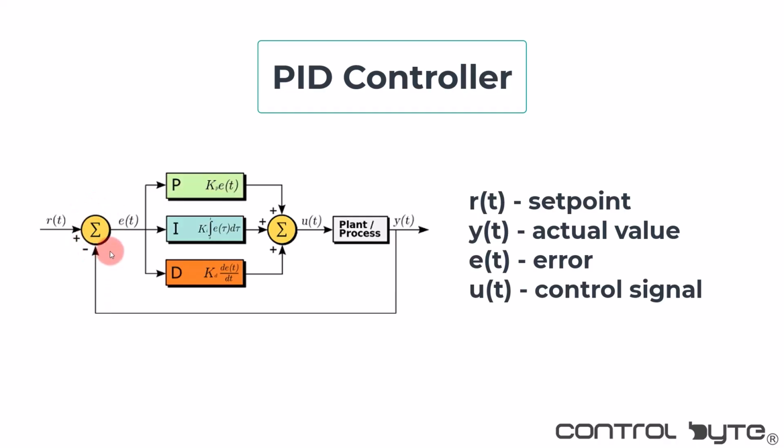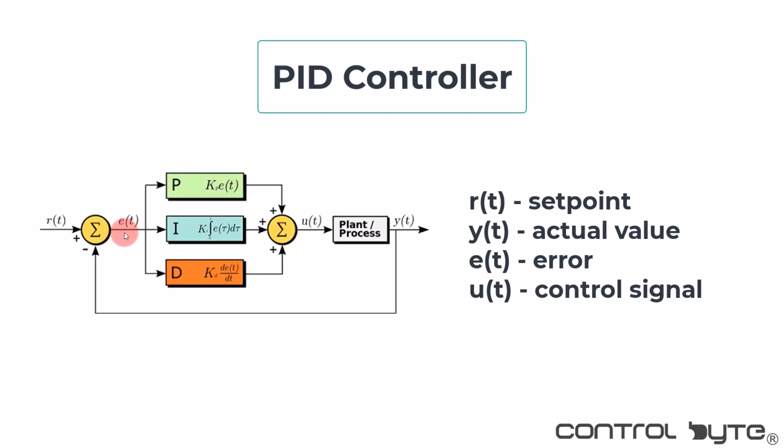At the summing junction, the difference between the setpoint and the actual value is calculated. The result of this operation is called the error, denoted as E of t. The error value is the difference between the set point and the current value.